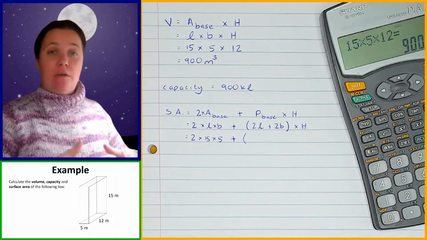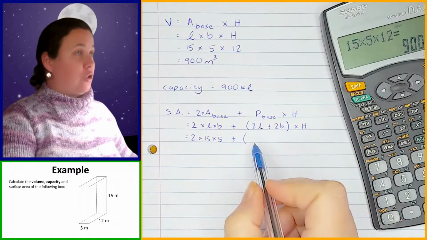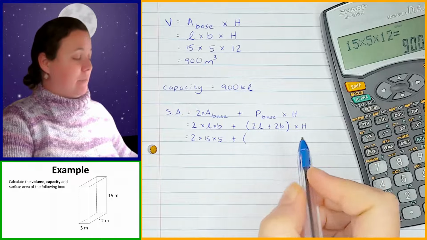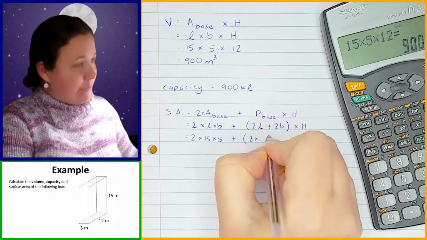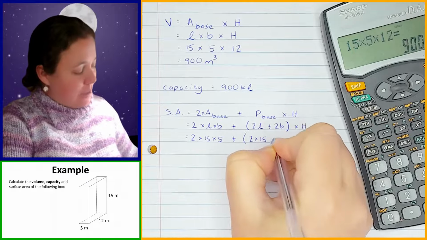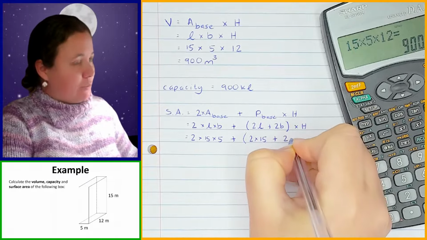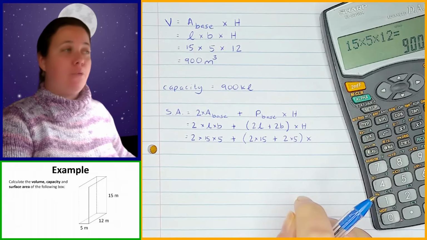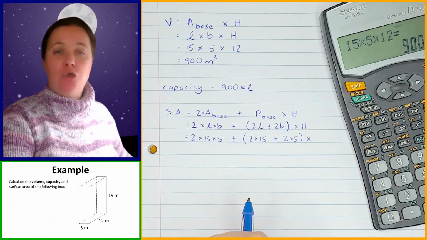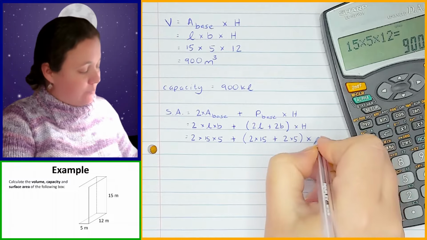I have to stay with the same shape for my base. So I'm still working with that front as my base shape. So it's going to be 2 times the length, which is 15, plus 2 times the breadth, which is 5. And then I multiply by the height of the prism, which is the distance between the two ends. So that's going to be 12.